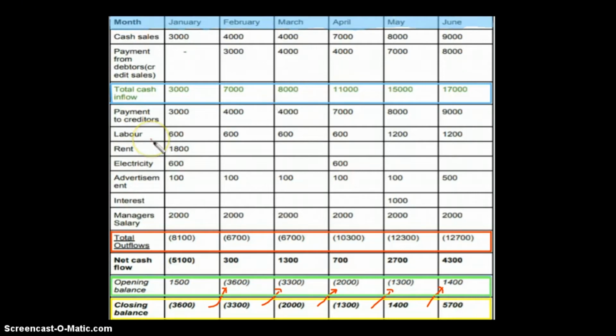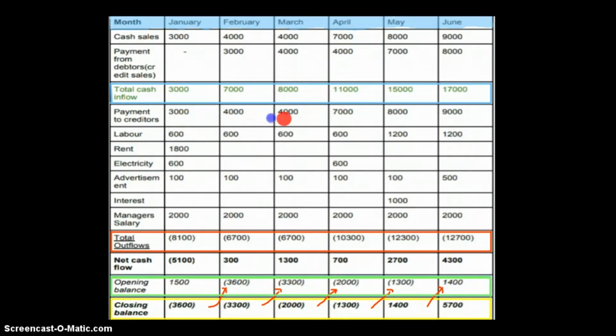Then we look at the credit part. Okay, 6,000 was our overall sales and 3,000 was the stock cost. We purchased this in December, but we pay that in February. We purchased this $4,000 stock in January but paid in February.